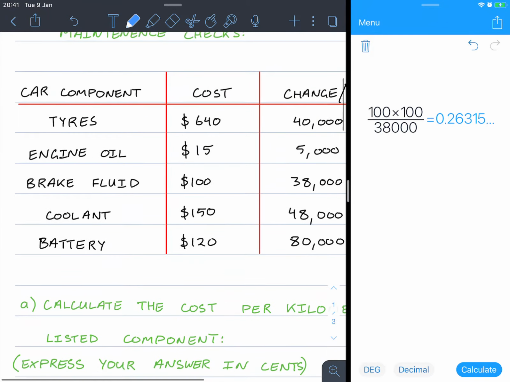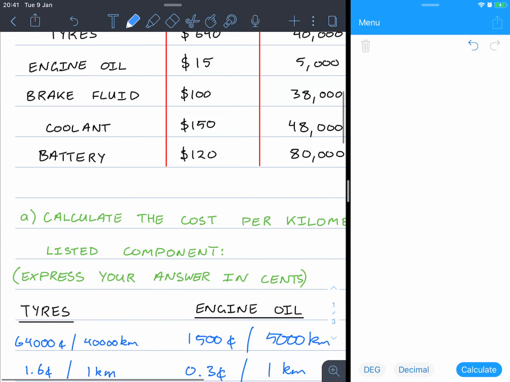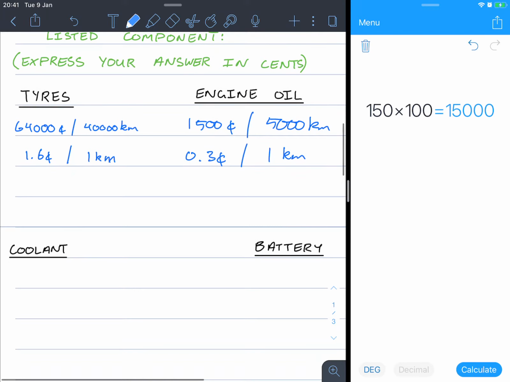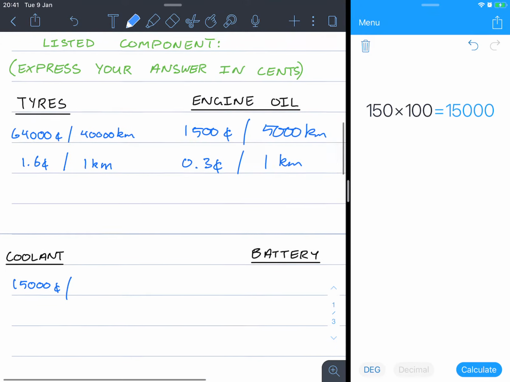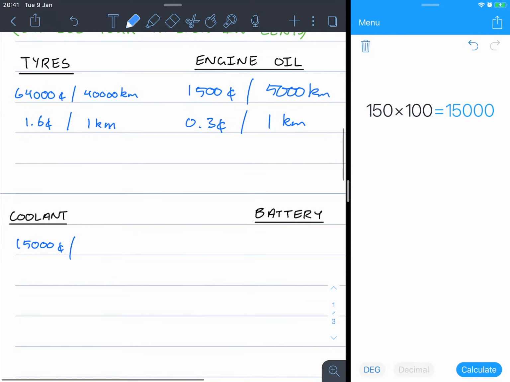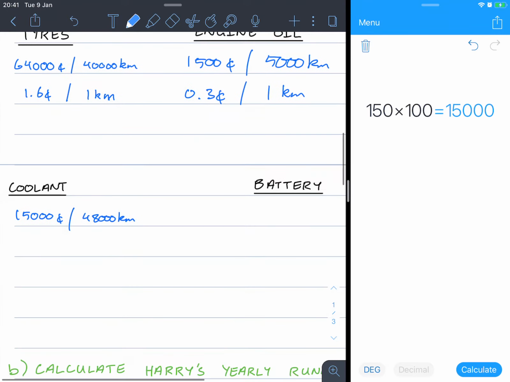The coolant is 150. 150 times 100 is 15,000 cents per 48,000 kilometers. And what we want is 1 kilometer.